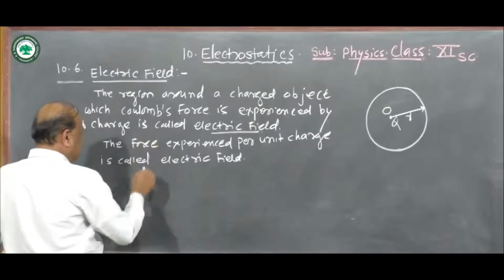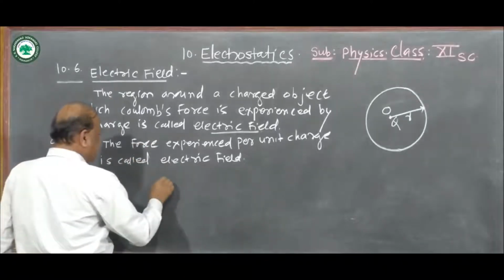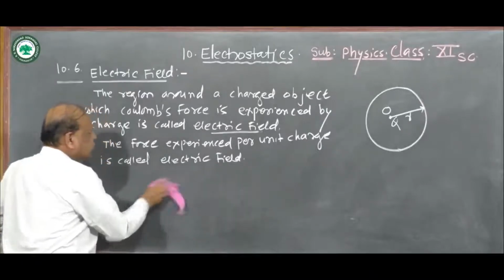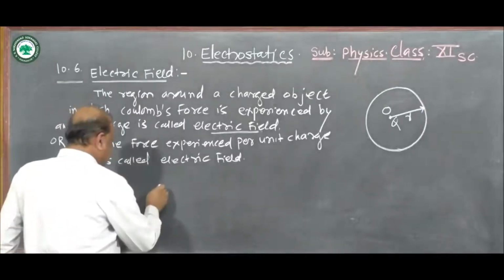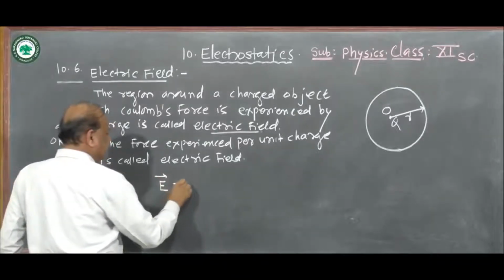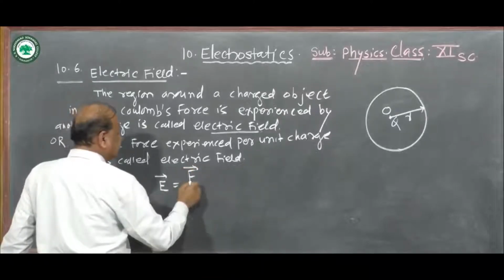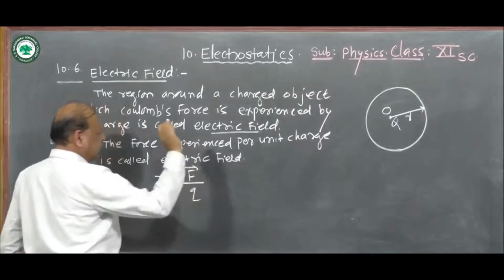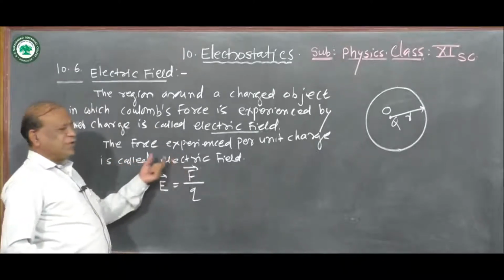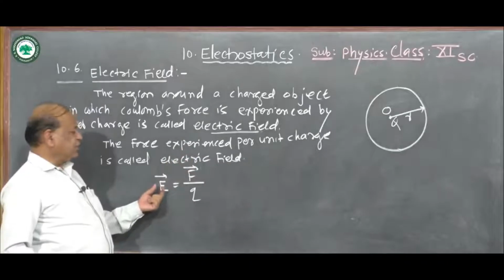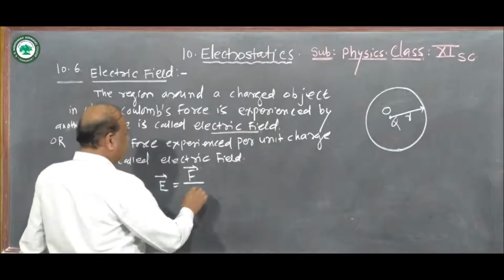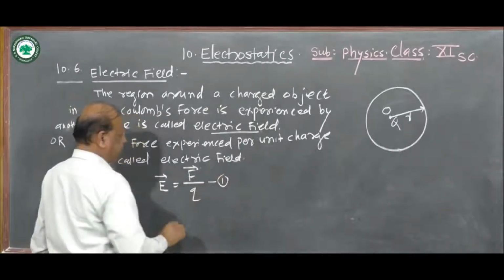The electric field intensity E, a vector quantity, is equal to the force per unit charge. Mathematically, E bar is equal to F bar divided by q. This is equation 1.